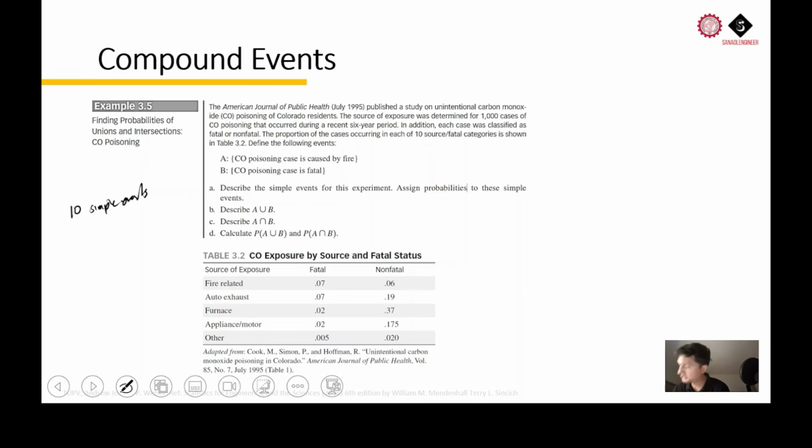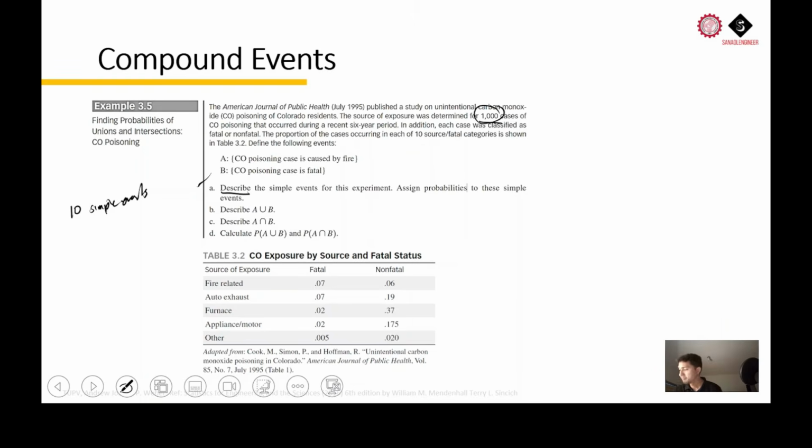Okay, so that's for the description of the simple events. There are 10 simple events, the sum is 1, and the total cases is 1,000. We can use this if the question is interested, for example, in how many fire-related accidents are fatal or non-fatal, by multiplying the probability or the proportion of the simple event by 1,000. Okay, so that's for the letter A.